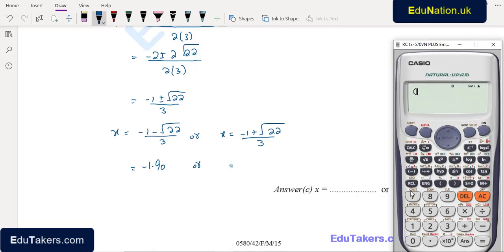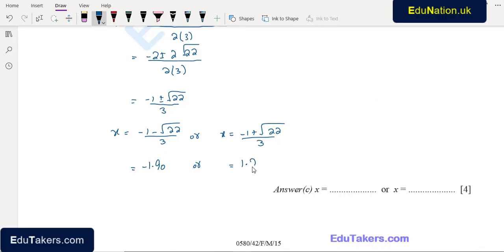And (−1 + √22)/3 is 1.23, correct to 2 decimal places. So the answers are −1.90 and 1.23.